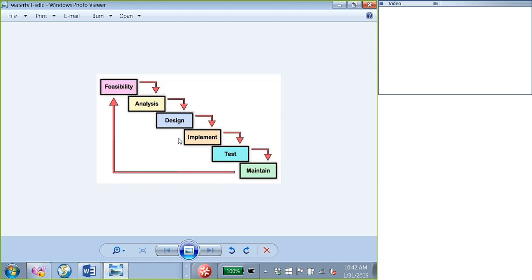So our question is, how do we decide which model would make sense for which software development. When I start talking about Agile, I'm going to take an example and illustrate which model will suit which process.